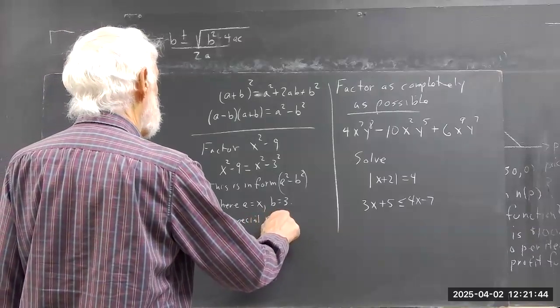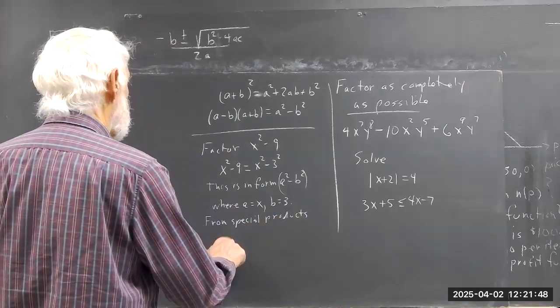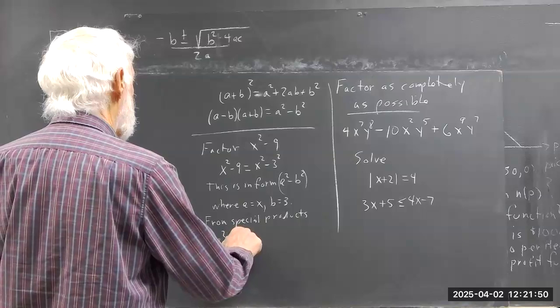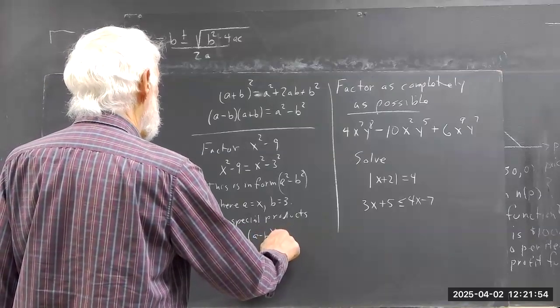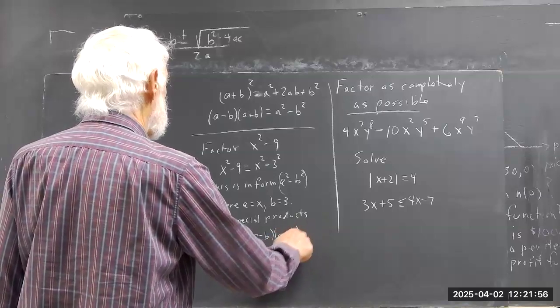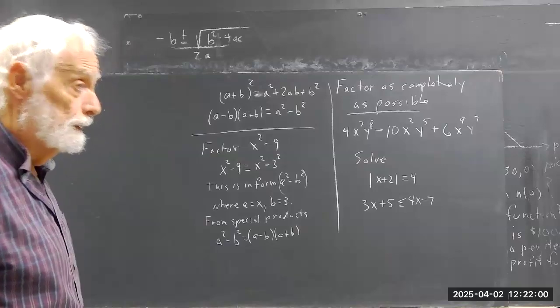Special products: a squared minus b squared is a minus b times a plus b.